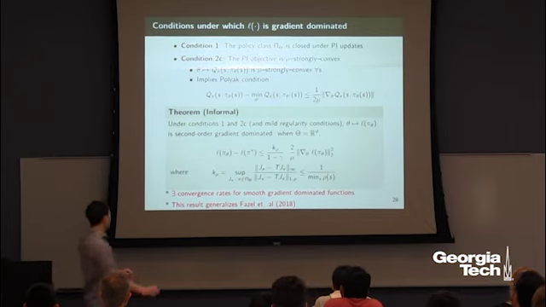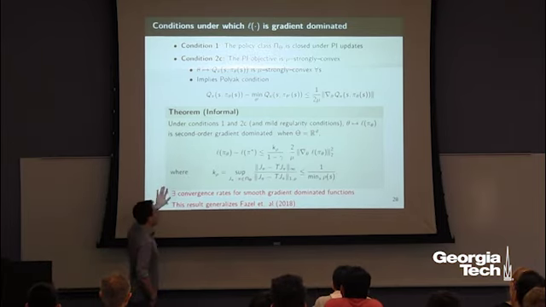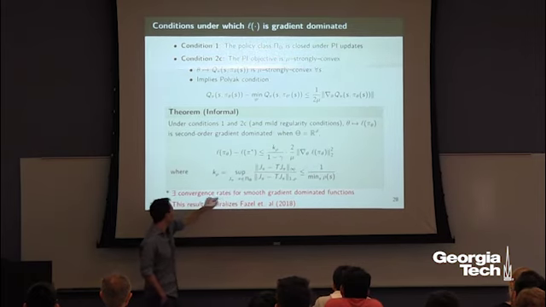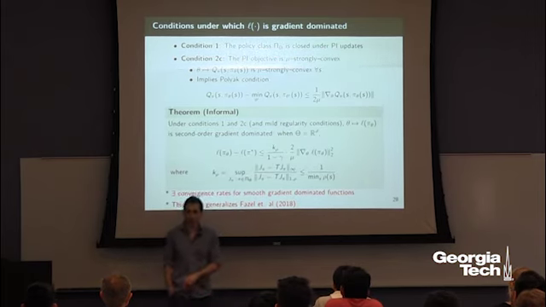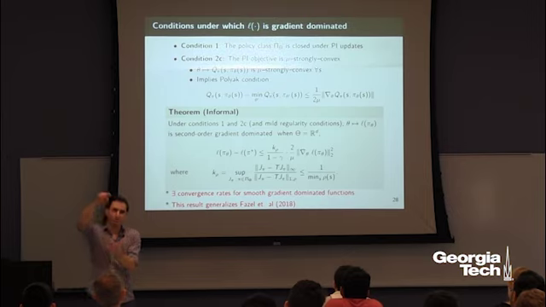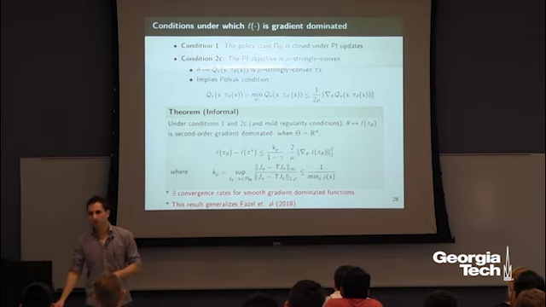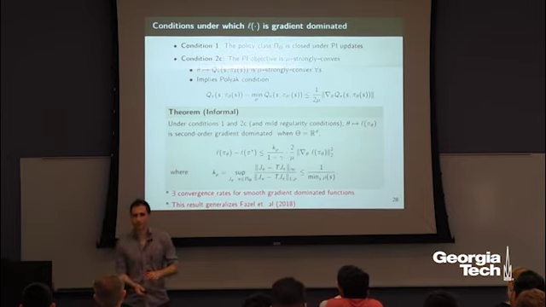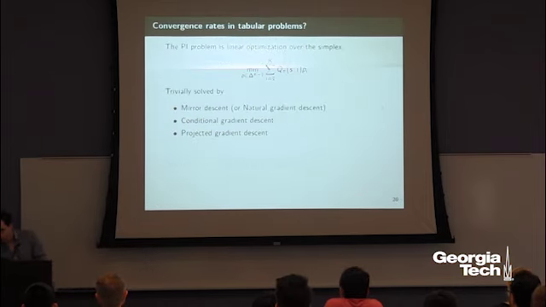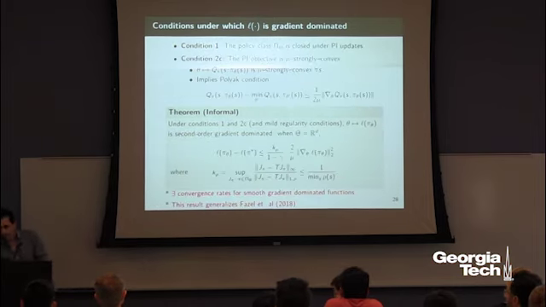I should also mention that this kind of Polyak condition is known to give convergence rates for smooth functions. For Lipschitz functions that satisfy that condition, you get a 1 over t convergence rate for free.